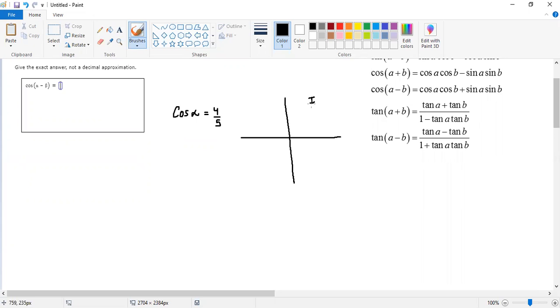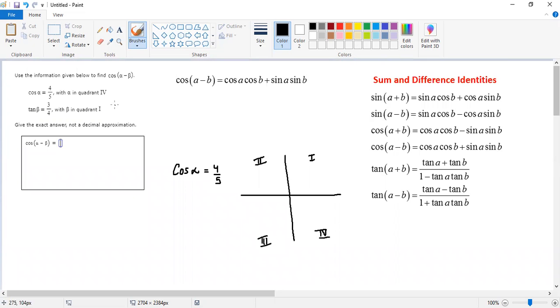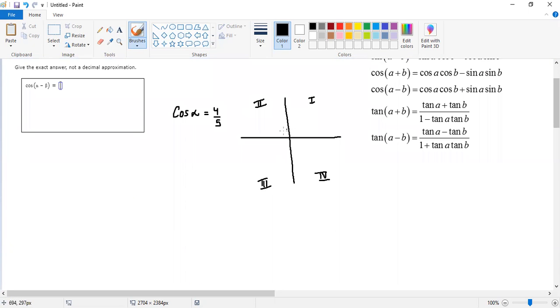So this is quadrant 1, this is quadrant 2, this is quadrant 3, and then this is quadrant 4. So we're looking at the fourth quadrant, right? Because that's where the angle is, which is cosine. And if we are looking at a terminal side in quadrant 4, we'd be looking at something that looks like this, right?